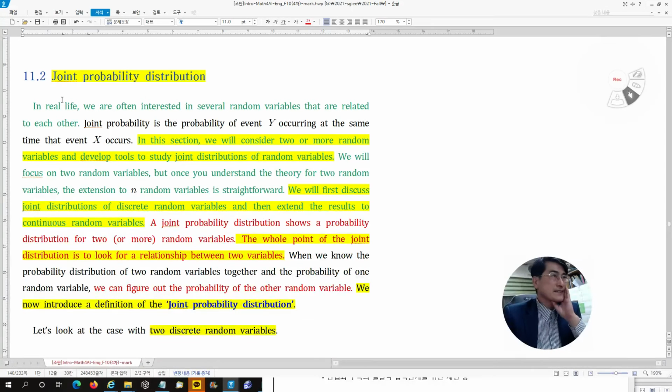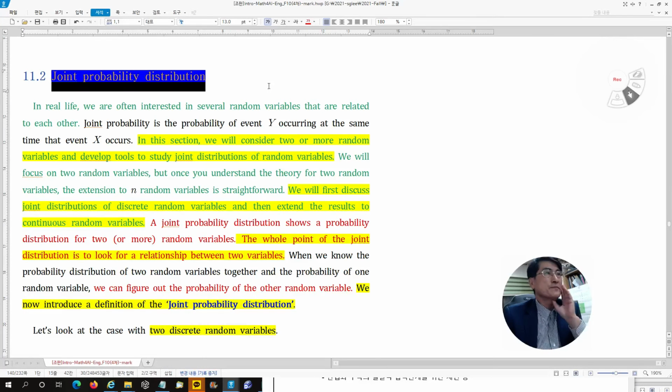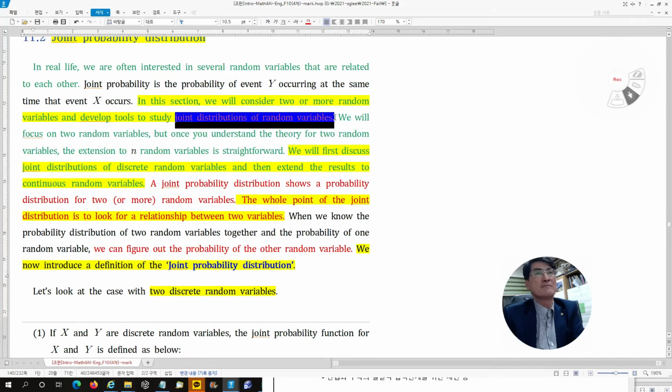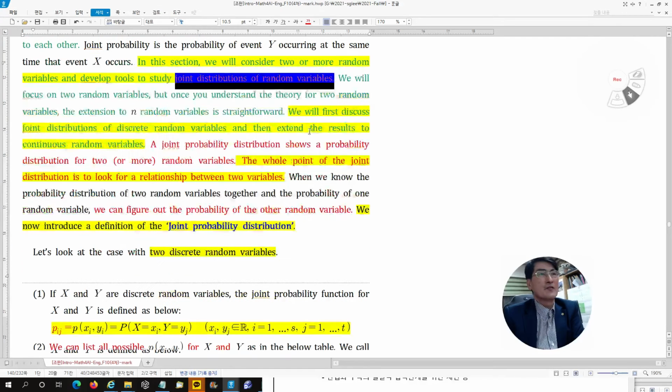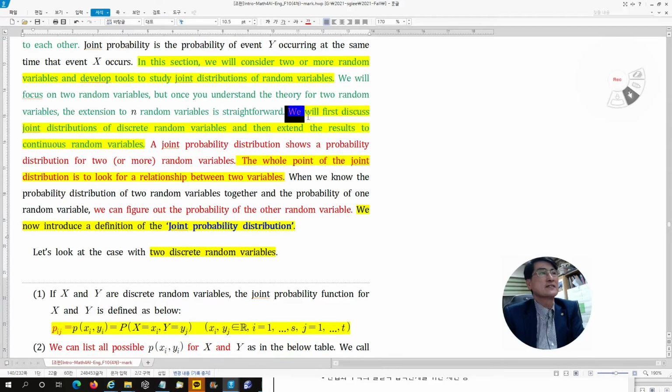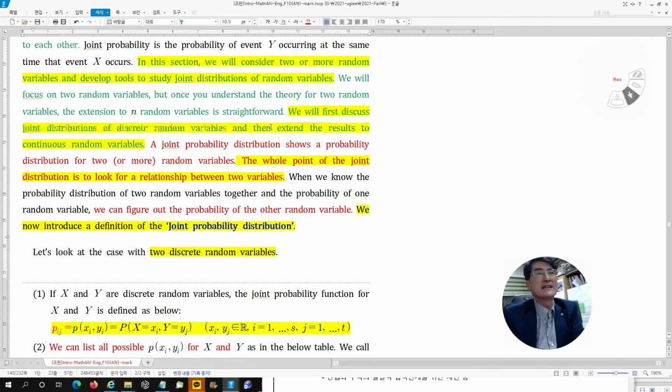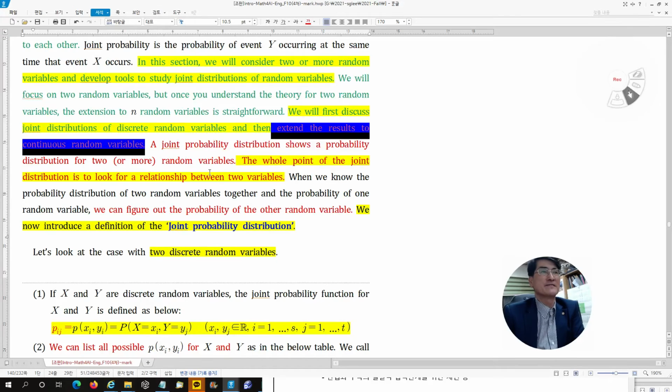Okay, that's it. Second section, joint probability distribution. In this section, we will consider two or more random variables and develop tools to study joint distributions of random variables. We will first discuss joint distribution of the discrete random variables and then extend the result to continuous random variables.